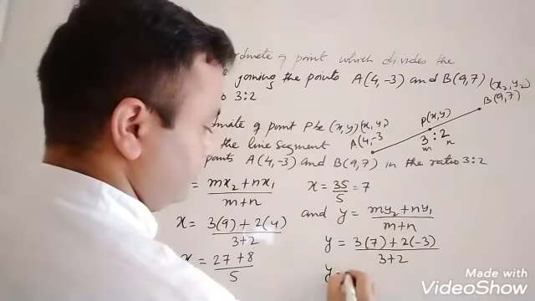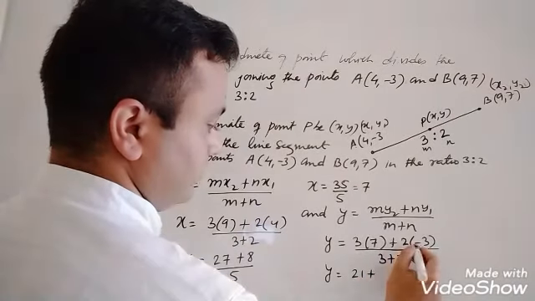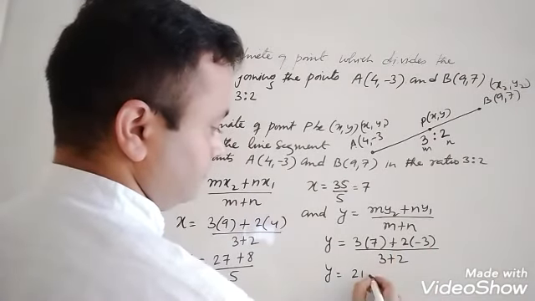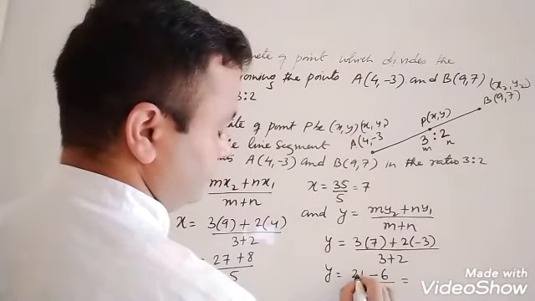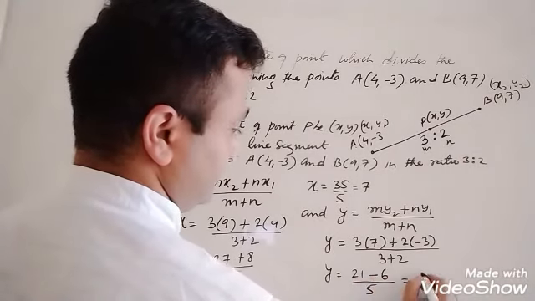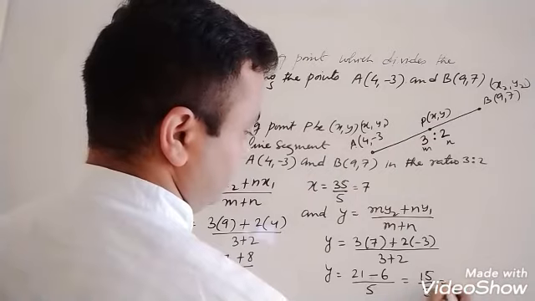That is 21 minus 6, which is 15 by 5, so this equals 3.